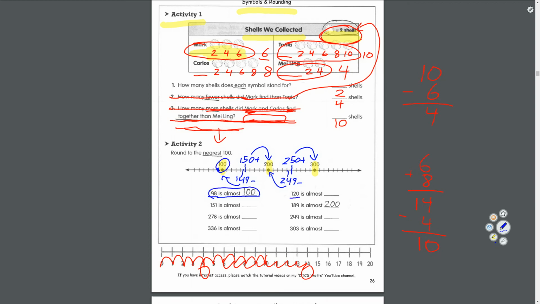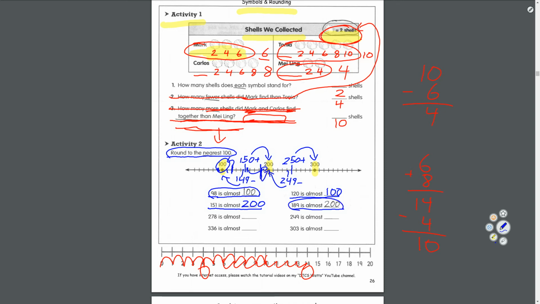Over here, 120, so 110, 120, we wouldn't round all the way to 200. We're going to go back down to 100. Because remember, it's asking us to round to the nearest hundred. 151, that's more than 150, so then we go to 200. 189 is right about there. It's very close to 200.